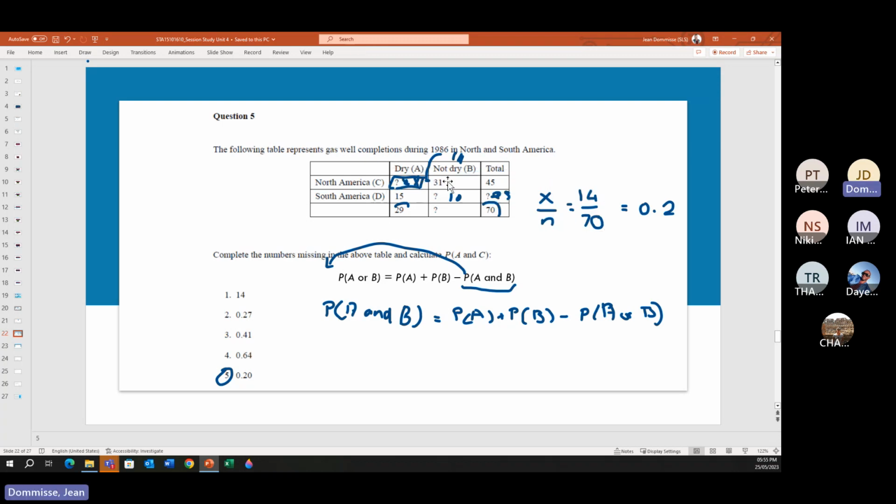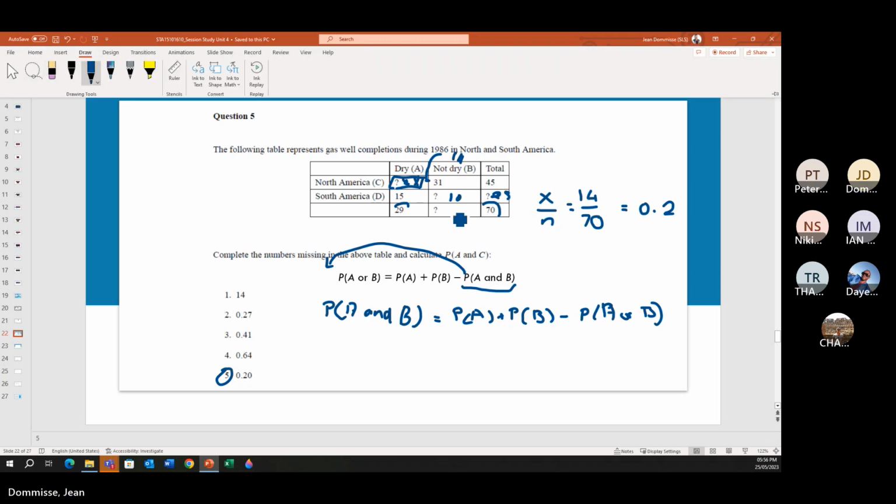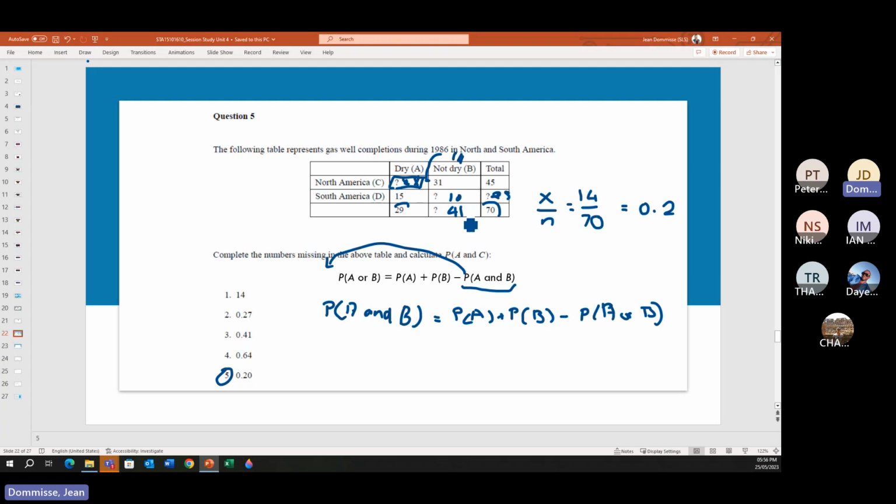What was that, 51? Okay, so if that is 51, that must be 41. So now it takes time. Now I need to work out what is that probability, what's the probability of the OR, and only then do I get to the AND. Where if it is given to you in a table, you can basically just say that x value divided by n will give me that number. Again, saving you time.